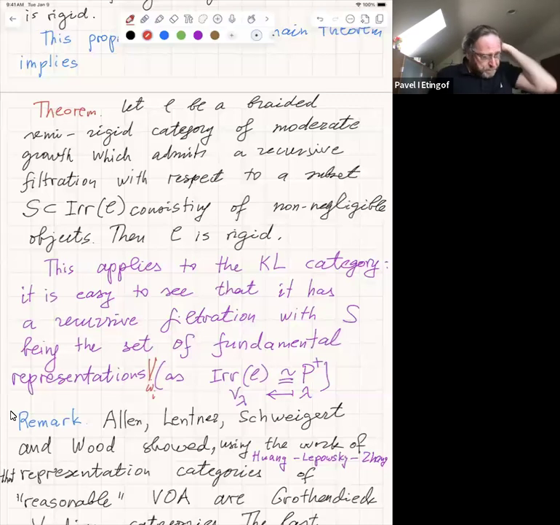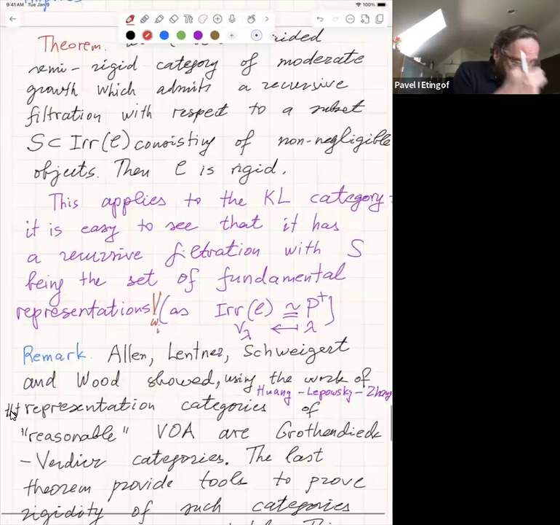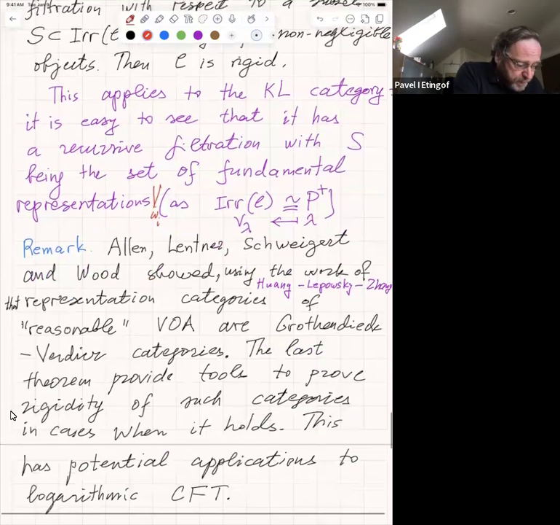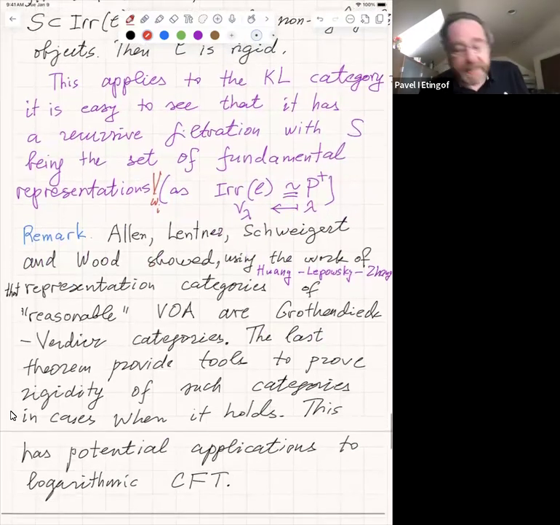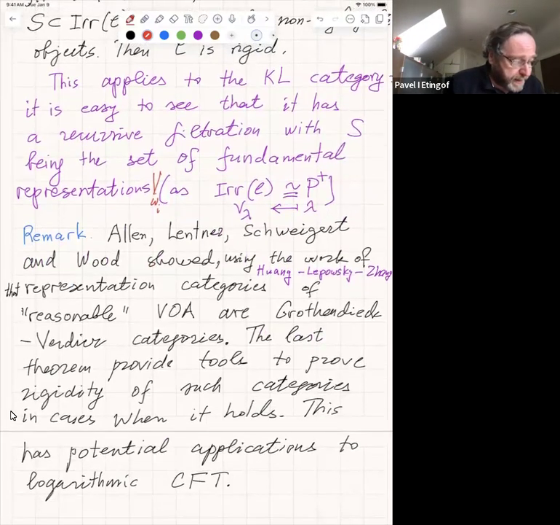But this can be used. The last remark I want to make is that Allen, Lentner, Schweigert, and Wood showed, using the work of Huang, Lepowsky, Zhang, that representation categories of reasonable vertex operator algebras are Grothendieck-Verdier categories.